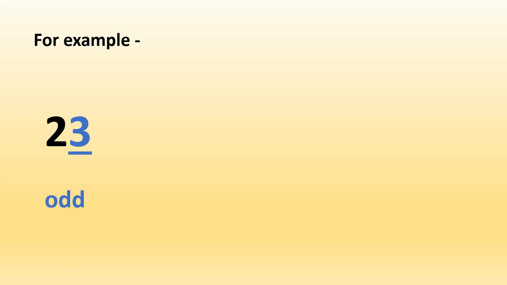Let's look at another example. Now we have number 56. And which number is at ones place? It is number 6. And we learnt that 6 is an even number. So 56 will be an even number too.